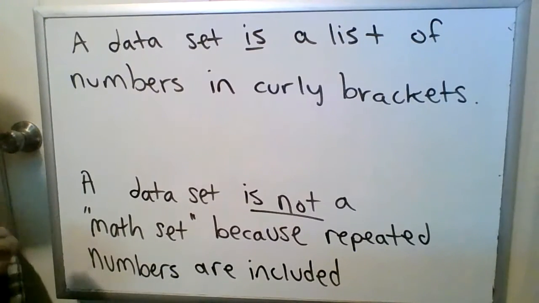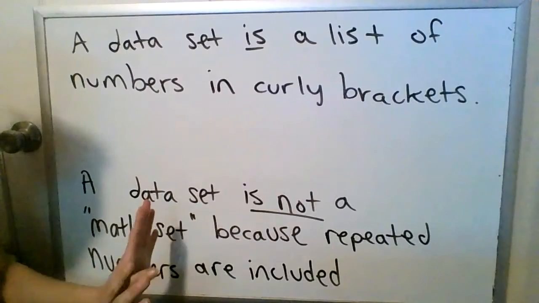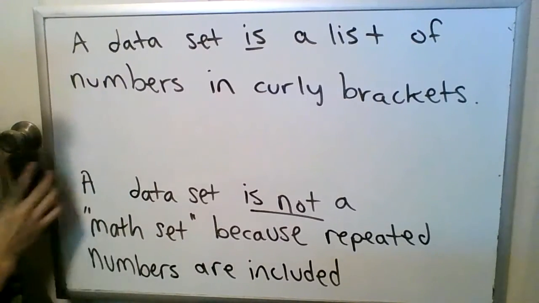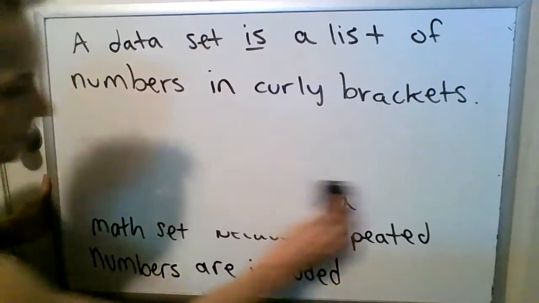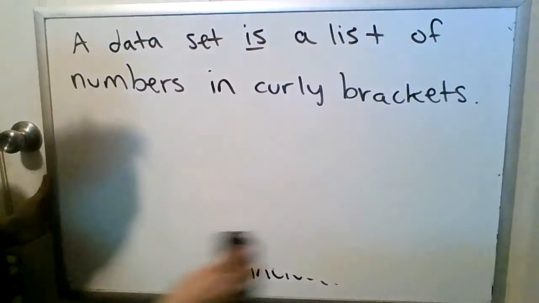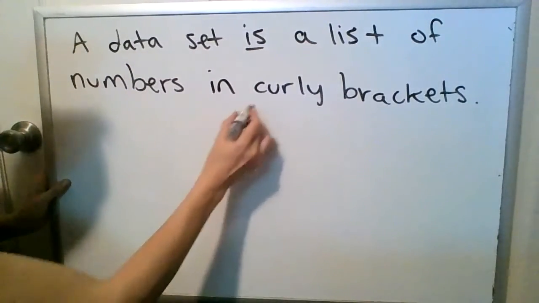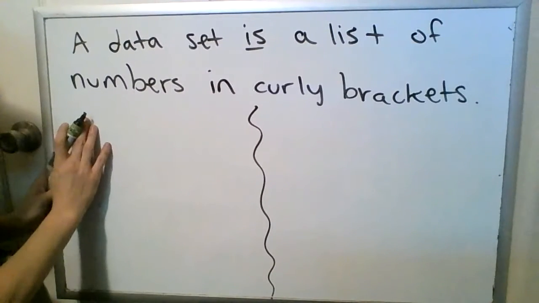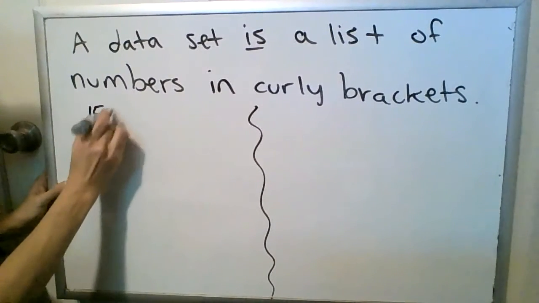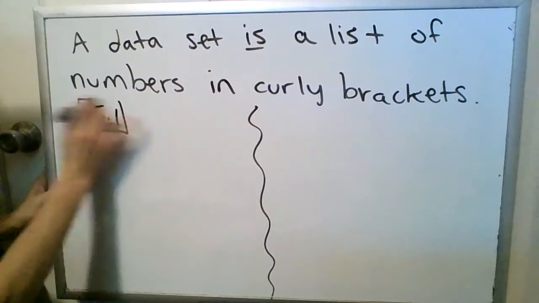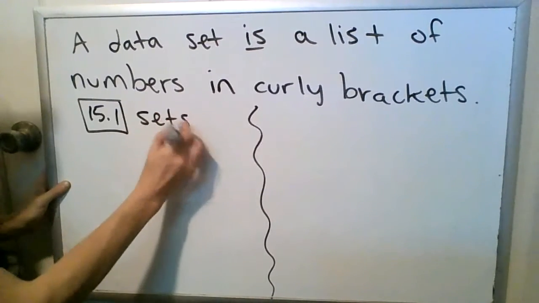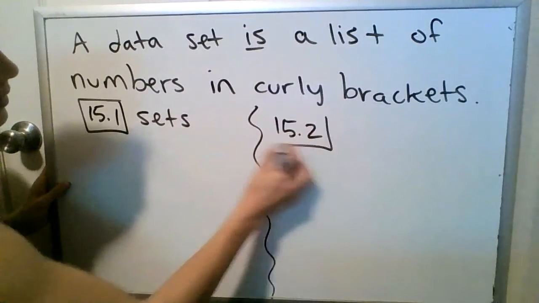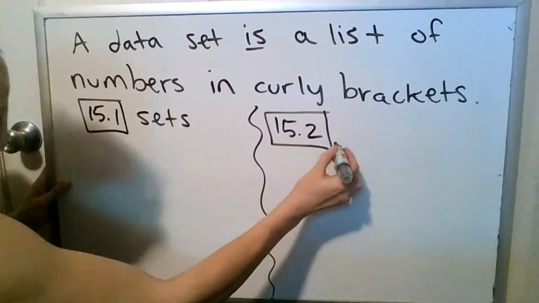I think we're going to go with an example that's a picture, and we're going to compare the previous pictures we had to the current ones. So over here in section 15.1, we talked about sets. And then in 15.2, I'm starting with data sets.